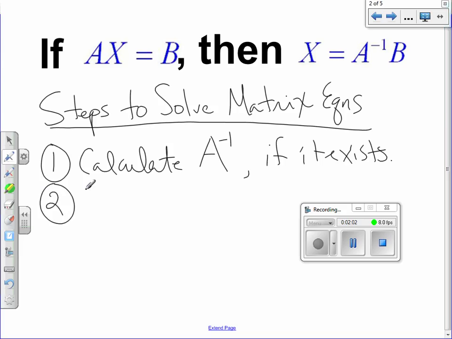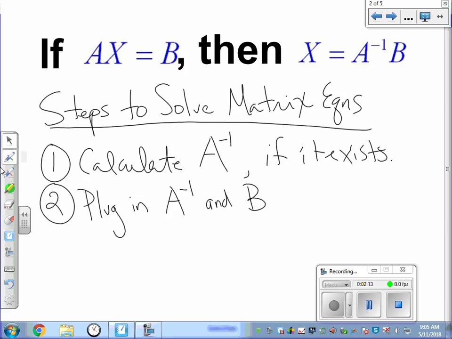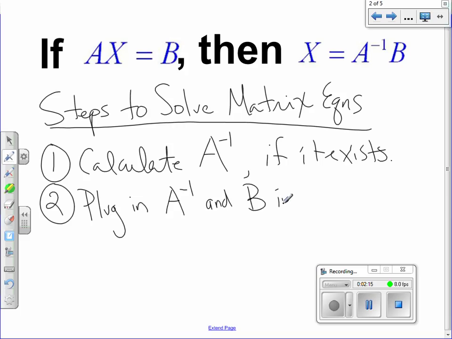Step 2, plug in A inverse and B into this formula.